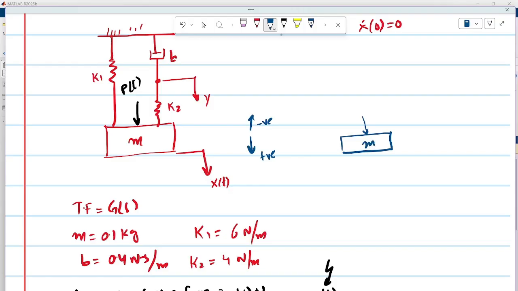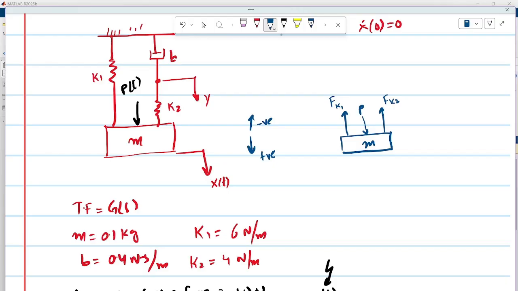So it will be opposed by the first spring force Fk1, and it will also be opposed by the second spring force, Fk2 or Fs2, whatever you want to call it. And if the system is moving in this direction, naturally its inertia will be acting in the opposite direction as well. So we have m x double dot in the opposite direction as well. Let's call this P.